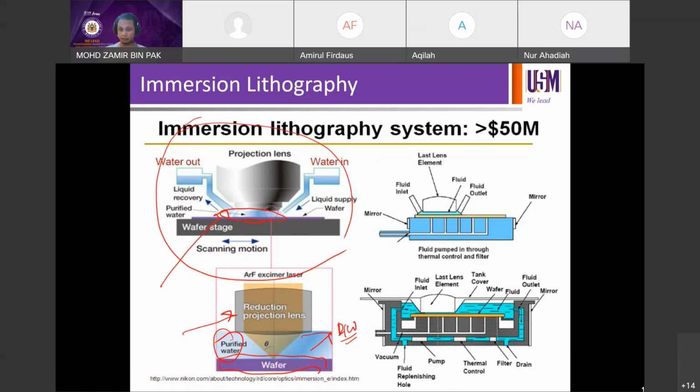Are you clear on lithography so far? You should be able to answer questions like before: DOF issue, CD issue, defects, immersion. Yeah, good.